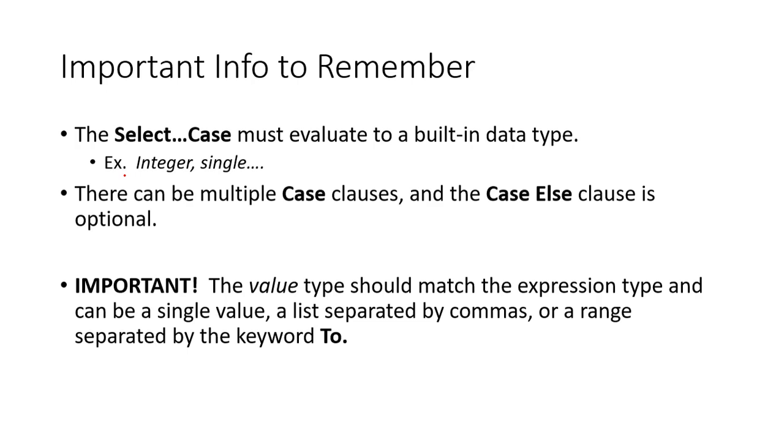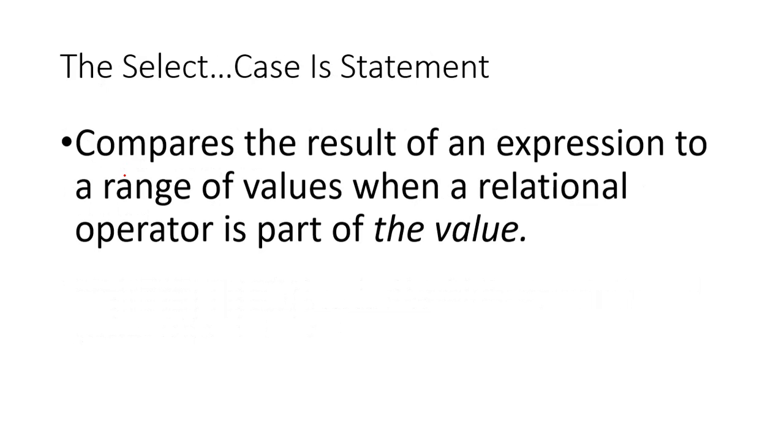Do not try to mismatch the one you're looking at versus the cases. Now you're probably saying, well, Marsh, what if I wanted something to display if the numbers are less than 0? Do I have to write every single number that could be less than 0? That's impossible. You're not wrong. So they made the ability to have a relational operator. What you're going to have to do is put the word Is in there for your relational.